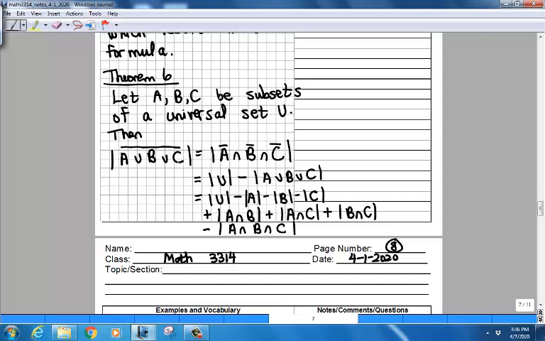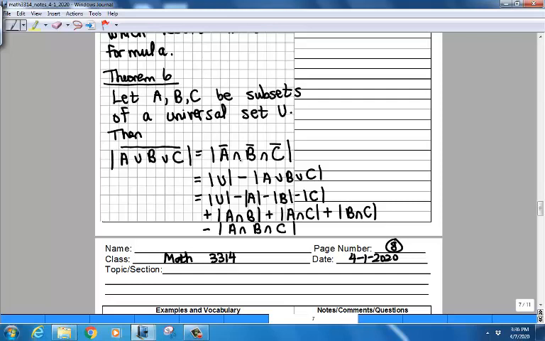So A union B union C complement is the same as A complement intersect B complement intersect C complement. So that first line of this equation is just elementary set theory. But we also know that to find the size of a complement of a set, we subtract the size of the set from the size of the universal set.